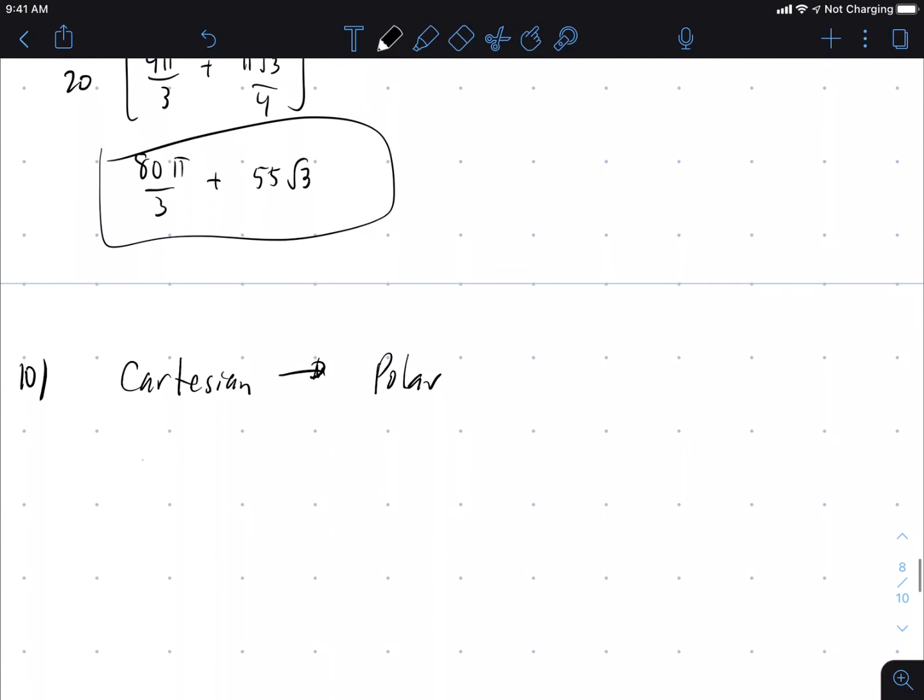And they're giving us x squared plus y squared is equal to 10cx. So what can we do with this problem? What do you guys think?